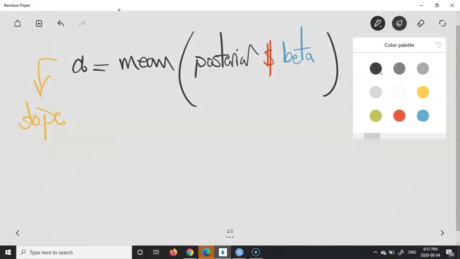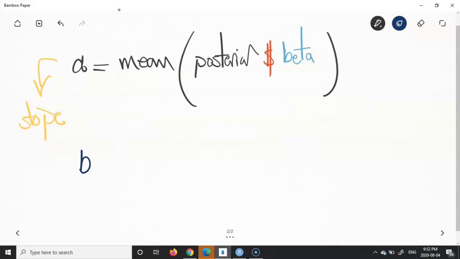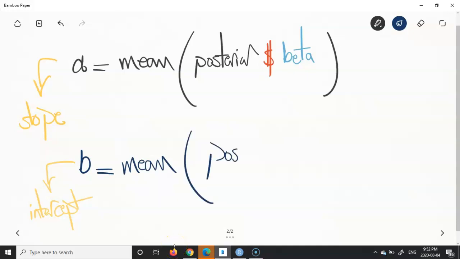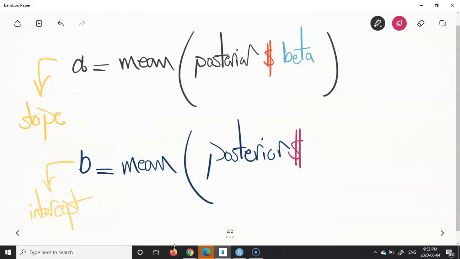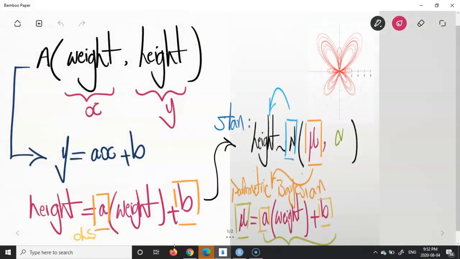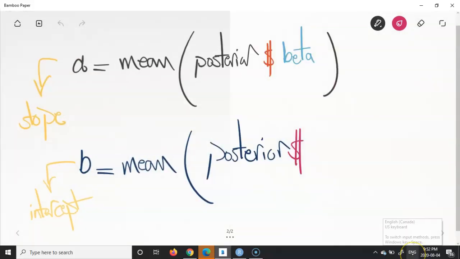And now the B, which was essentially our intercept, the B in our model, within the Bayesian framework, is going to be the mean of, again, the posterior, from which we extract the parameter which defines the intercept of our model. Please listen to that carefully.